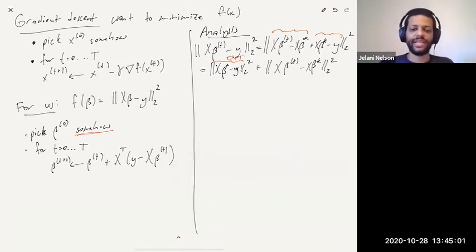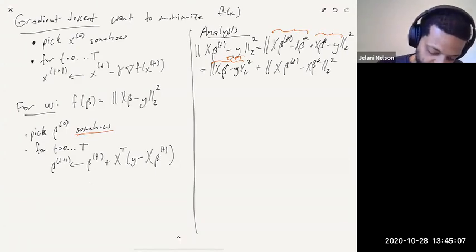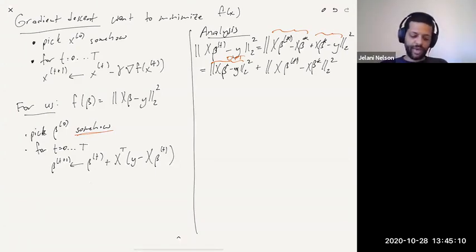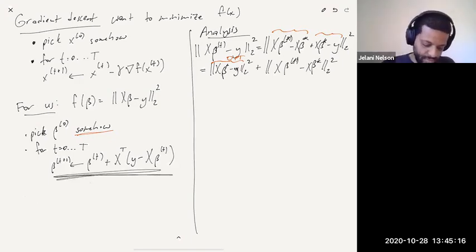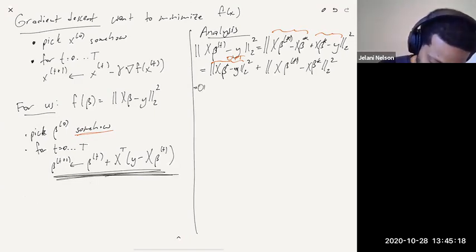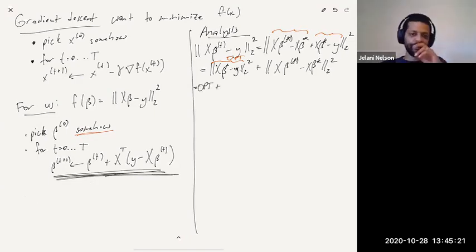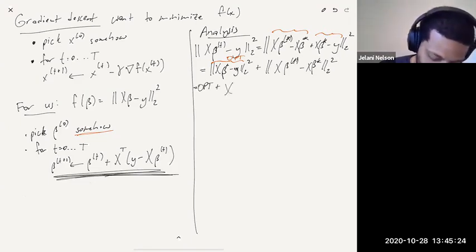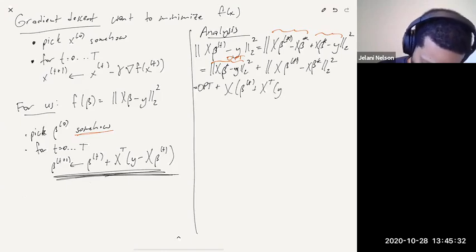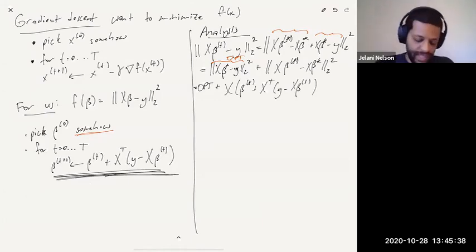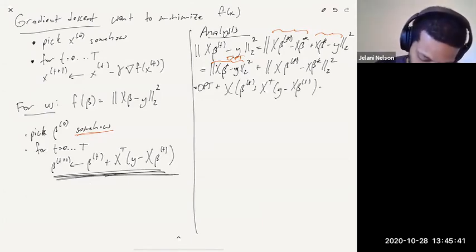Now I want to analyze this thing. Let me call this X beta t plus 1, and I'm just going to write down what beta t plus 1 is, using the update rule over here. So this is equal to opt plus the norm squared of X times beta t plus X transpose (Y minus X beta t), minus X beta star.